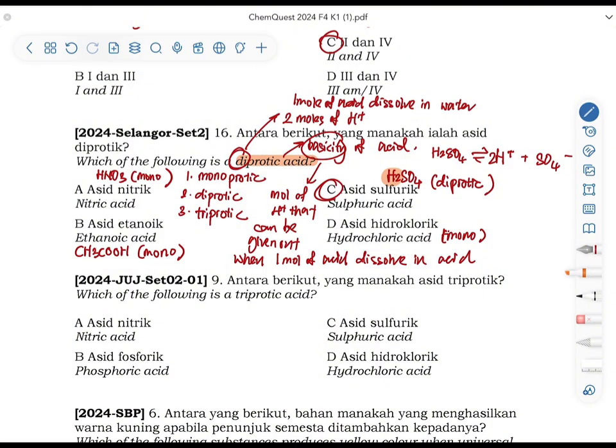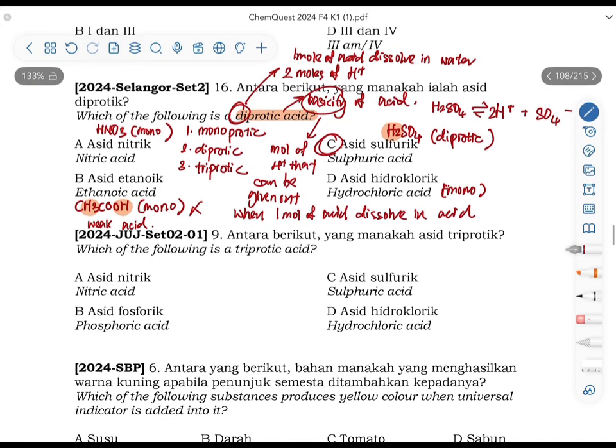But maybe some of you will wonder whether ethanoic acid can give out 2 moles of hydrogen ion. The answer is no, because this is a weak acid. It will not ionize in water completely, so we cannot know how many moles of hydrogen ions are produced by the acid.